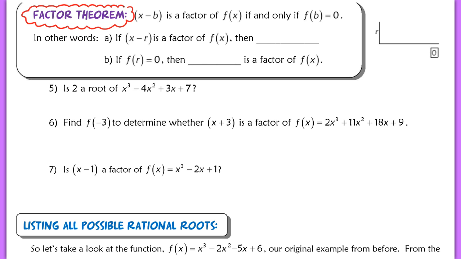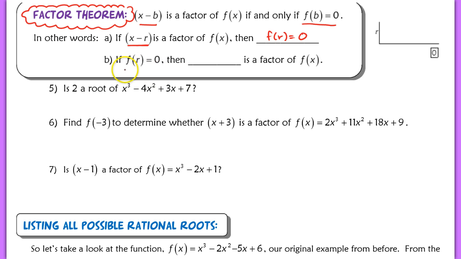Now this factor theorem states x minus b is a factor of f of x if and only if f of b is equal to 0. So this is a very mathematical definition for us, and I'm going to break it down. Hopefully this will make a little bit more sense. If you have some factor, x minus r, okay, so we know x minus r is a factor, then we also know that f of r has to equal 0.